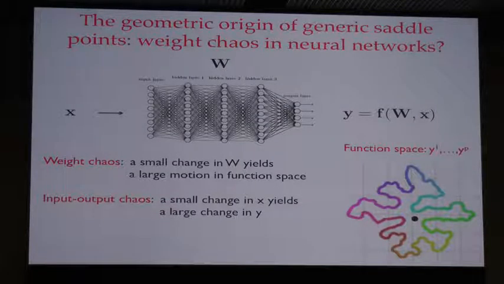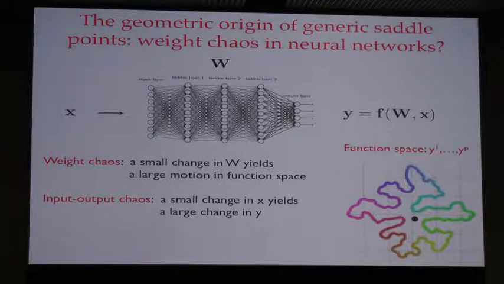Now it turns out, as we'll see, there's a phenomenon that occurs in even these feed-forward networks, which I call weight chaos, which is a small change in W can lead to a large convoluted motion in function space. So this manifold is a highly corrugated manifold.